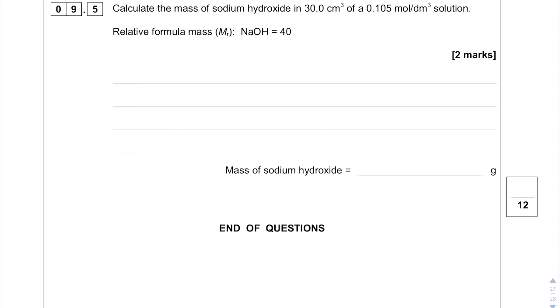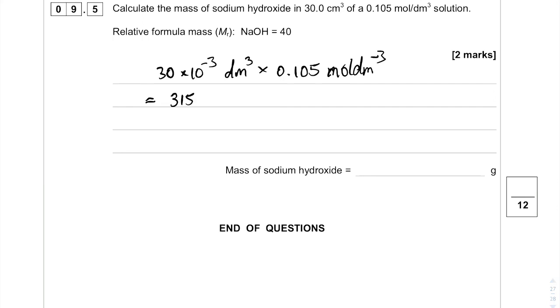So 30 cm cubed, again we're working back to the mole, which is 30 times 10 to the minus 3 decimeter cubed, multiplied by the concentration, mole dm cubed, which gives me 3.15 times 10 to minus 3 moles, and I know that the Mr is 40.